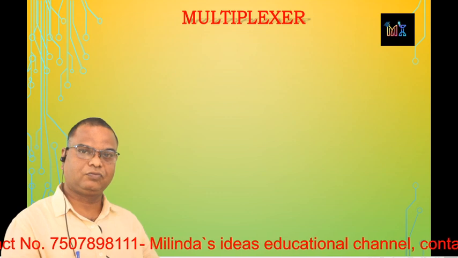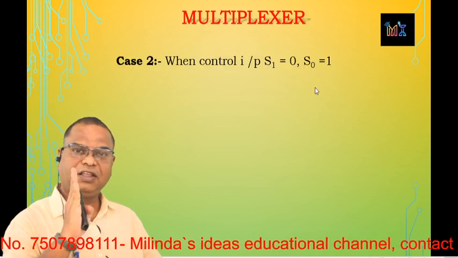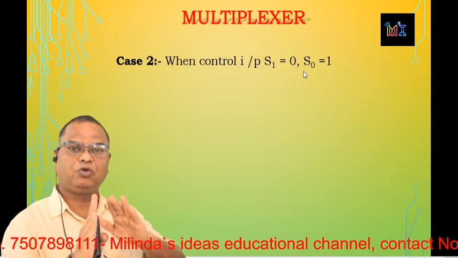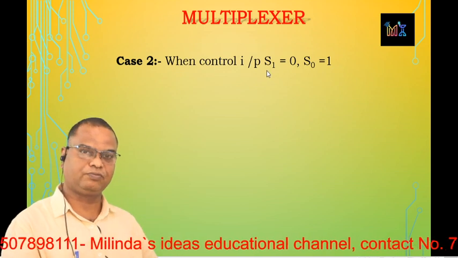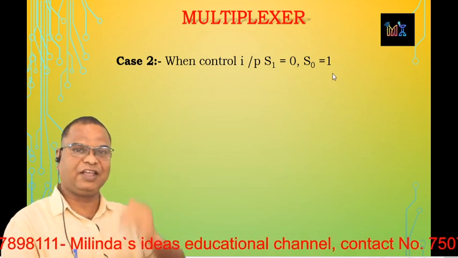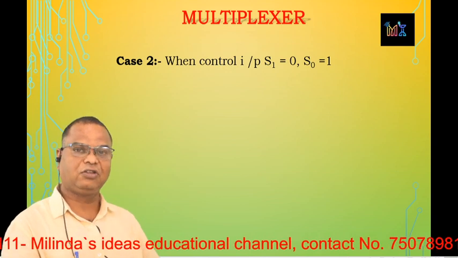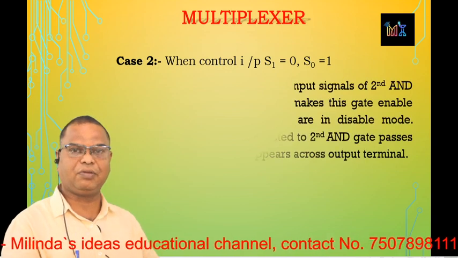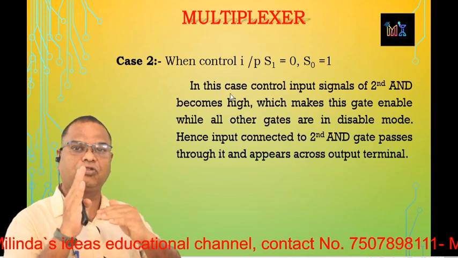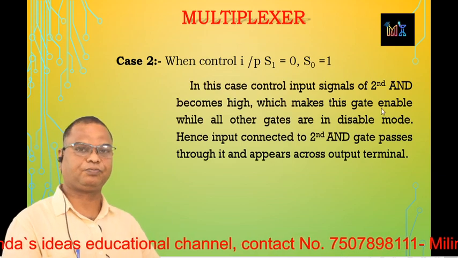Second case. In the second case, S1 is equal to 0, S0 is equal to 1. As per the connections, the control inputs connected to the AND gates, the second AND gate becomes enable because both its control inputs are high.